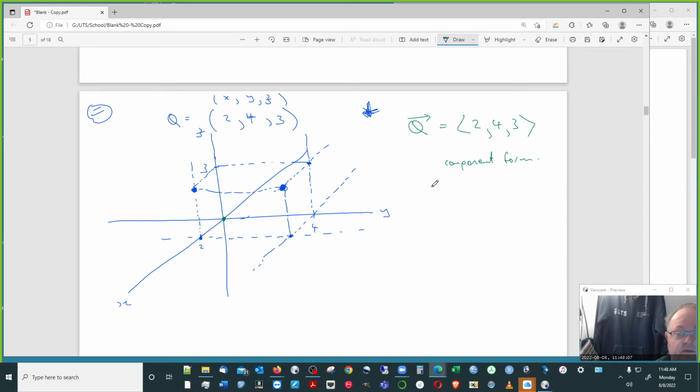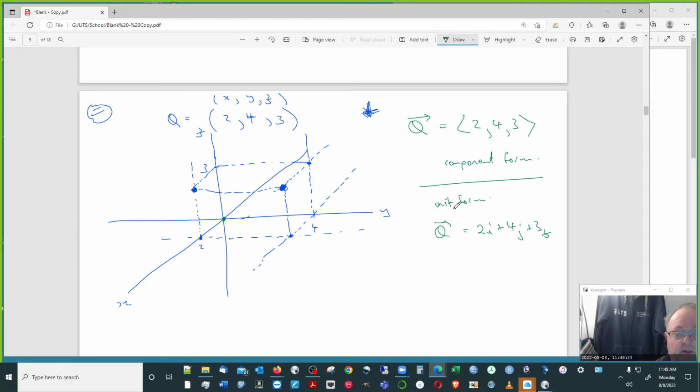There's another form. What's the other form? They're the same thing. Now you'll have to pick your preference as a student, which one you want to work in, and you can change them fairly readily.